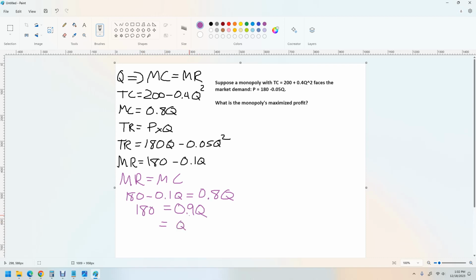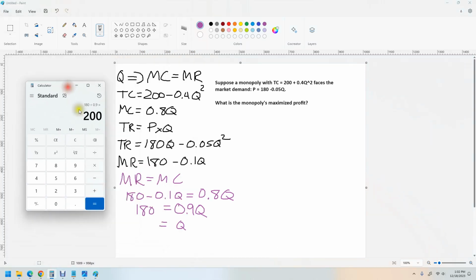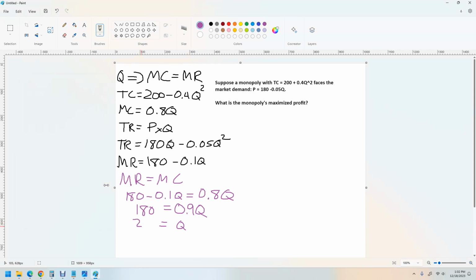We've got Q, divide both sides by 0.9. I'm going to grab a calculator for that, even though I know the answer because I solved it before. I'm still going to do it as an example. So 180 over 0.9, and I get a quantity of 200. This is our profit maximizing quantity. It's how many units the firm should produce in order to make the most profit.